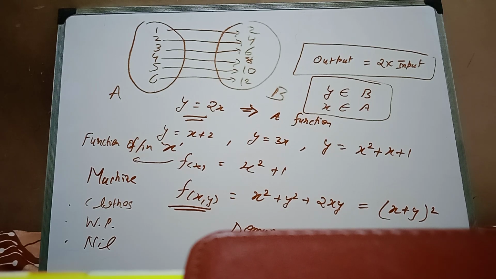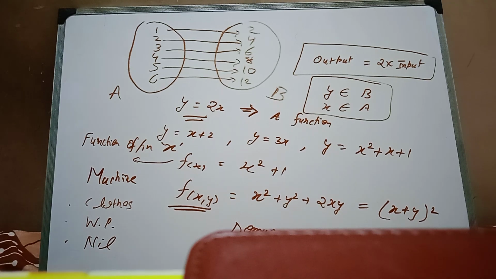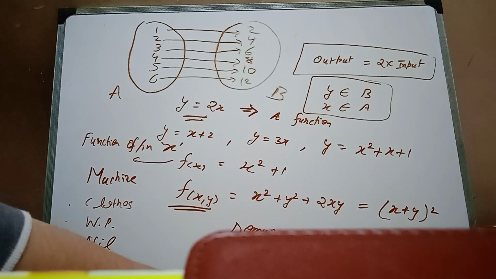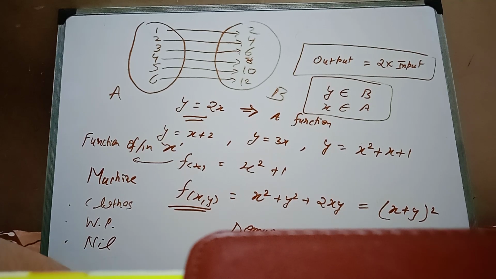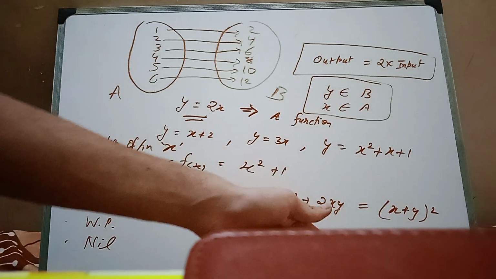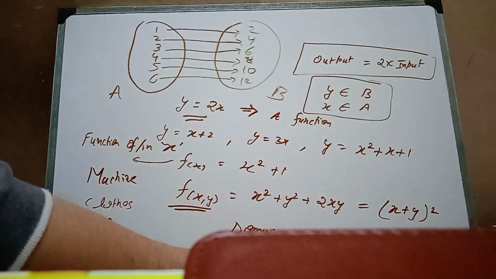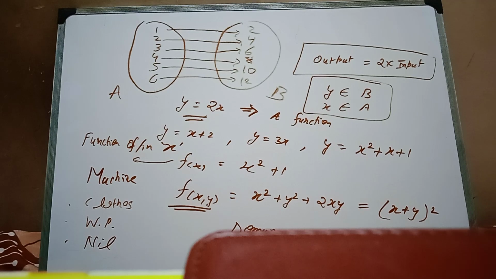So in a function we should always remember that for a value in your domain, it can have two images, y1 and y2. Sorry, my mistake, it can't have two images, but two inputs can have the same image.